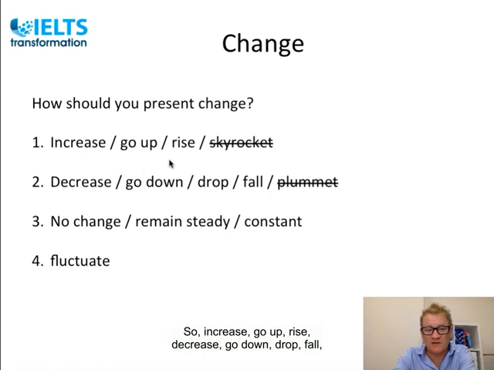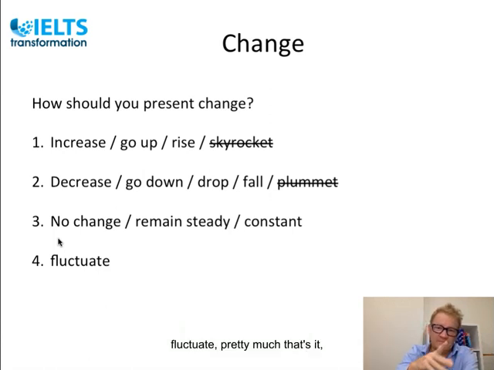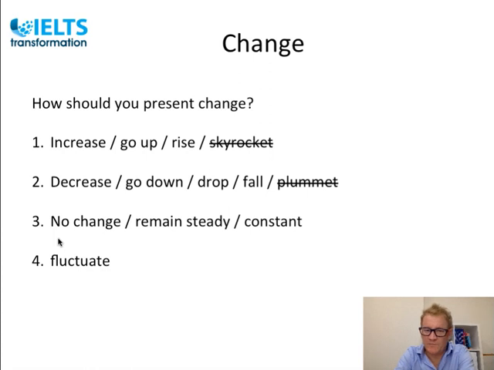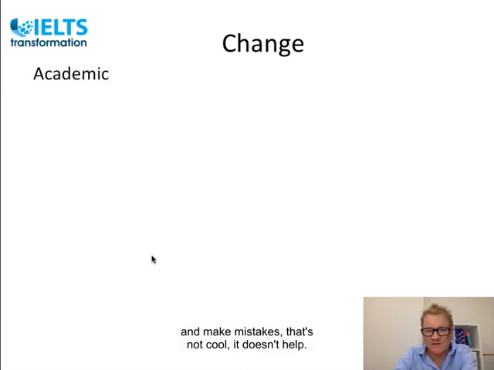So use increase, go up, rise, decrease, go down, drop, fall. If there's no change, it remains steady, constant, or fluctuates. Pretty much that's it. Don't go crazy on this. Better to be correct and safe than take big risks and make mistakes. That's not cool. Doesn't help.